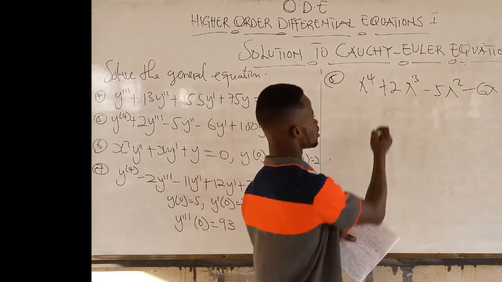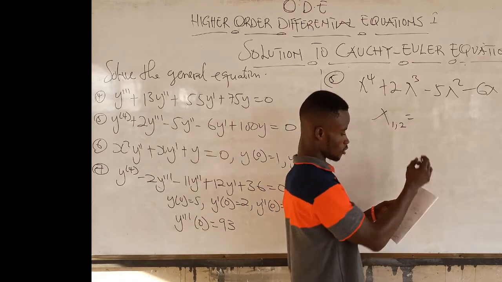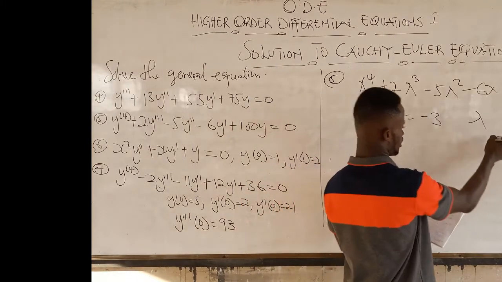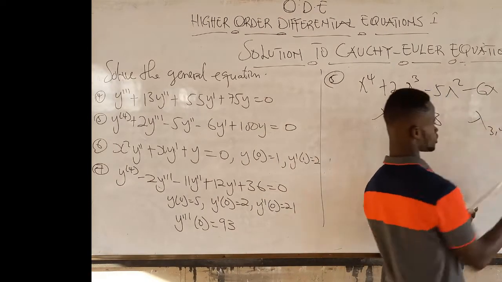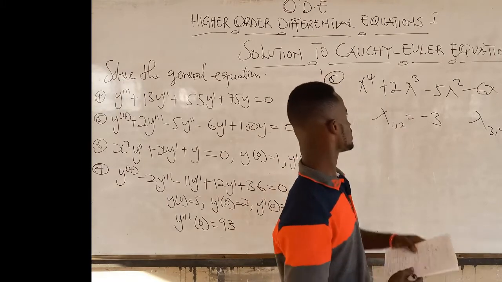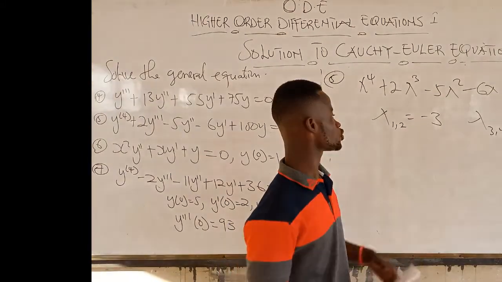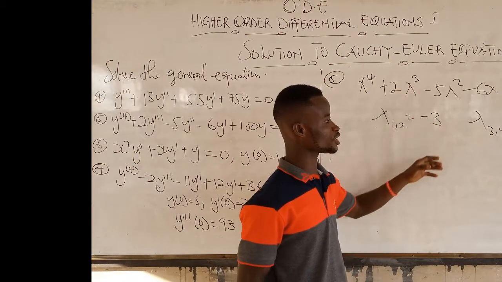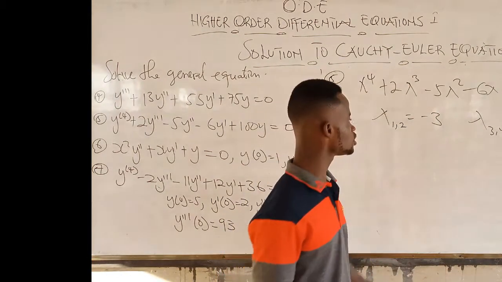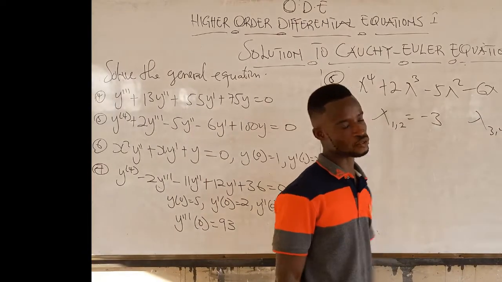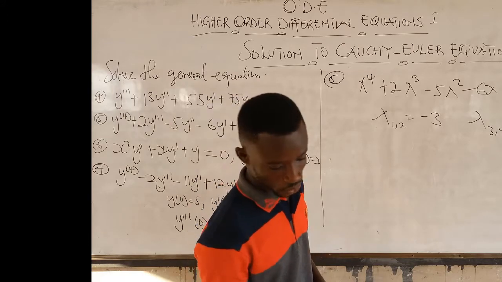So with this, there's going to be a multiplicity of 2 here and 3, 4. So you see that on your calculator, you take only this and this. If you use Tesla's instrument, it will show you negative 3. Alright, for you to see that there is a repetition of 2 here, there is repetition of 2 here. Then you move on to write your general solution.